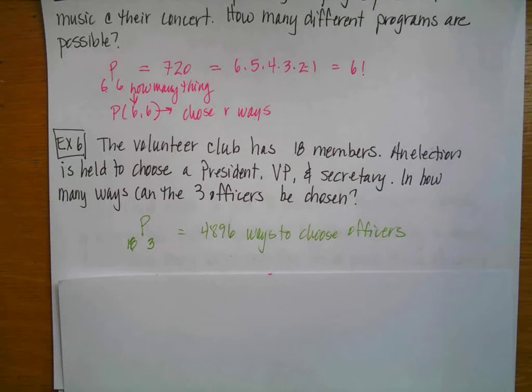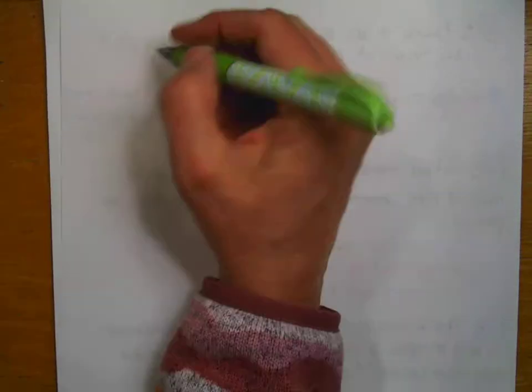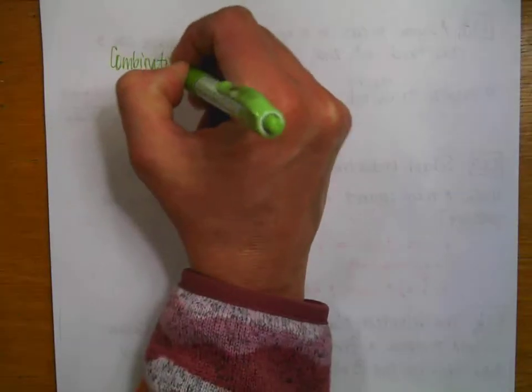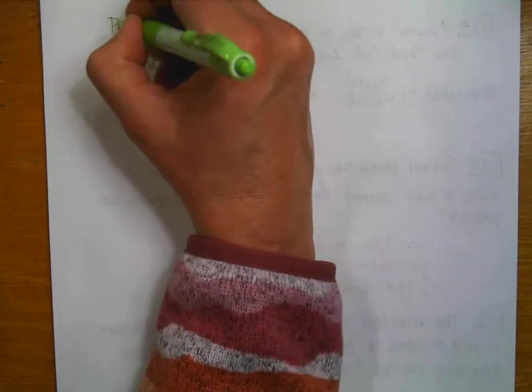Alrighty. So again, we're going to talk about a combination coming up right away, but when I have a combination, the order isn't important. So you have to be able to choose whether it's a permutation or a combination. So with that being said, the next thing that we're going to talk about is a combination.